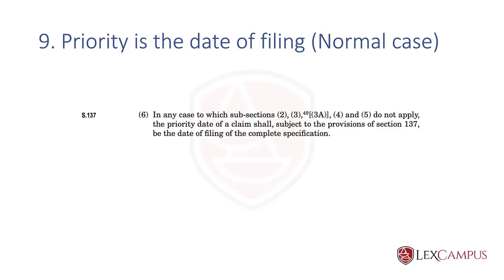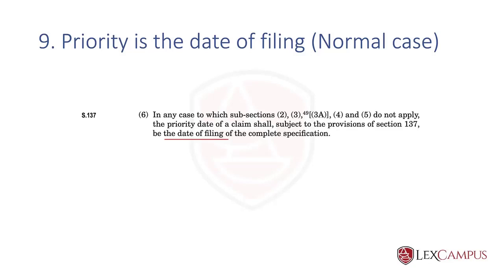If a person is going to file a complete specification just in India, and that first application is the only application he is filing, he is not filing a provisional. There is no earlier disclosure, no grace period, no anticipation, no exceptions to anticipation, nothing of that kind. The first disclosure is made to the patent office by way of a complete specification.